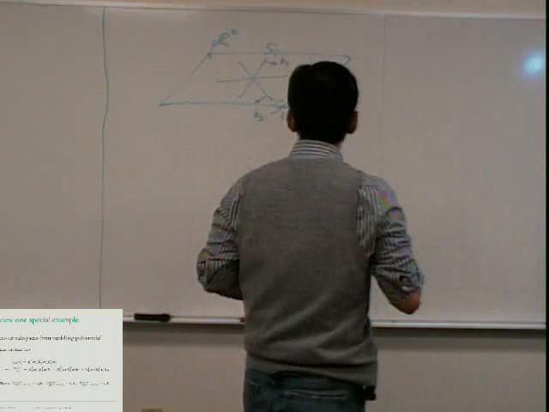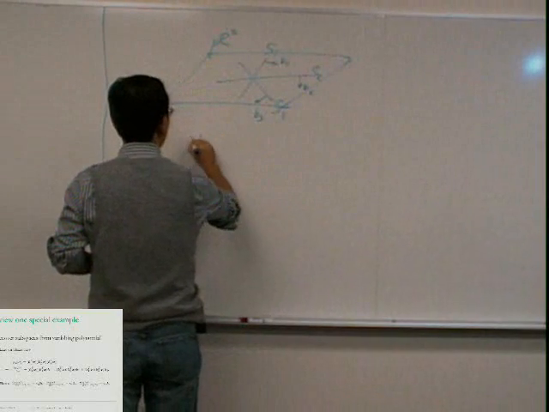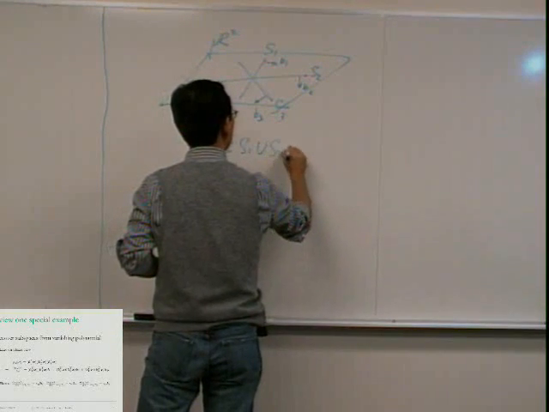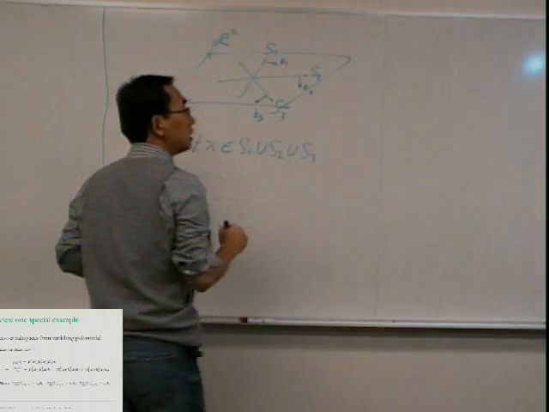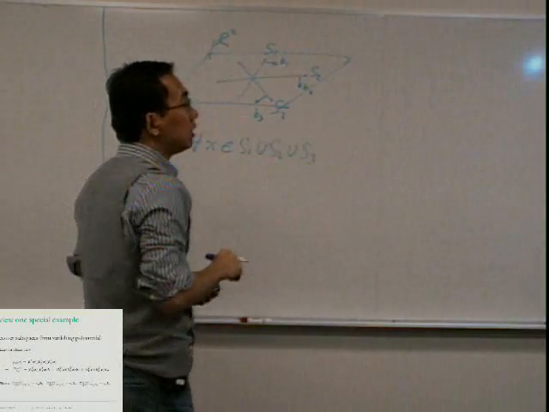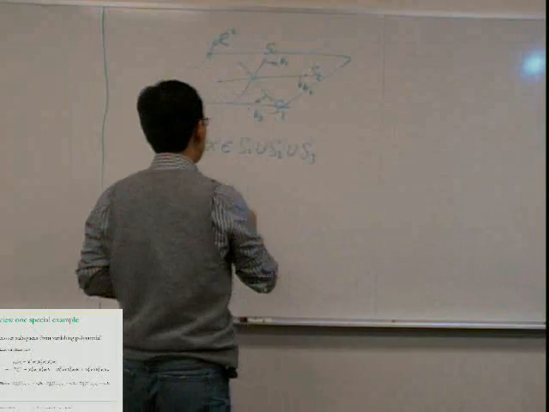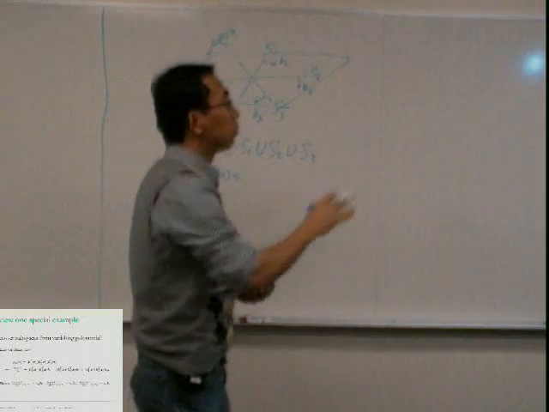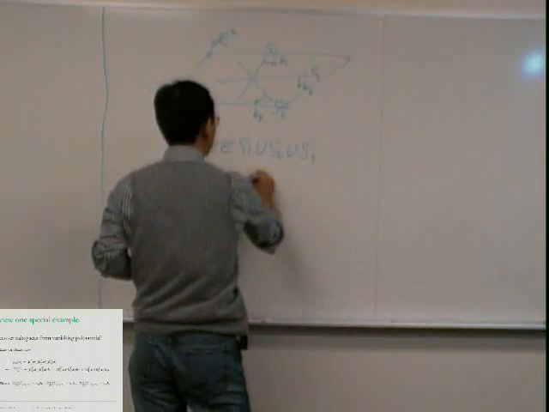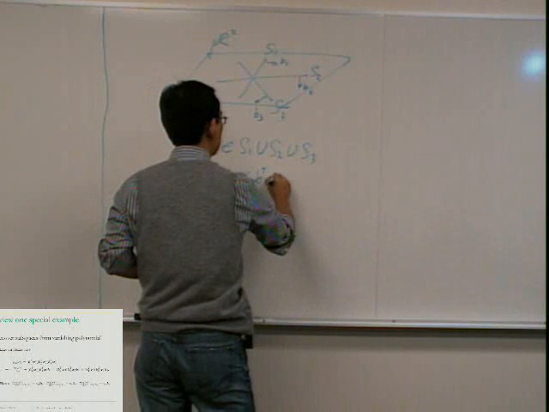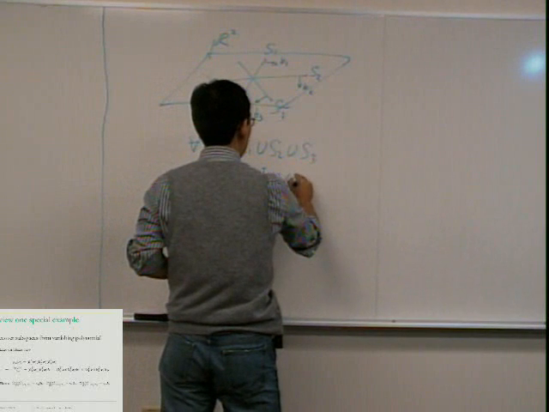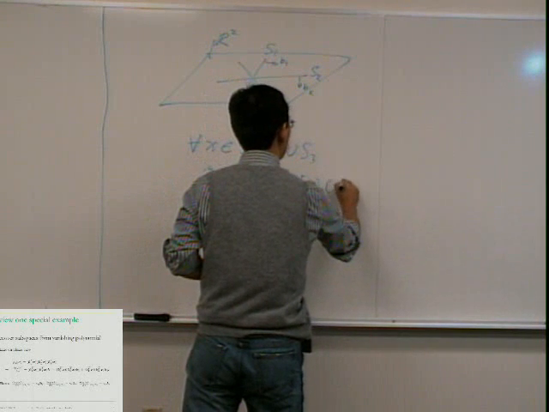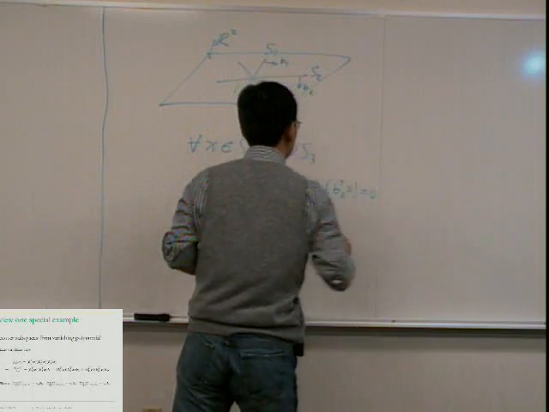And then you said that any sample that is from the union of S1, S2, and S3 must satisfy a single vanishing polynomial, P3 of x, which is equal to the product of 3 linear terms, B1 transpose x times B2 transpose x times B3 transpose x, and it has to be equal to 0, right?